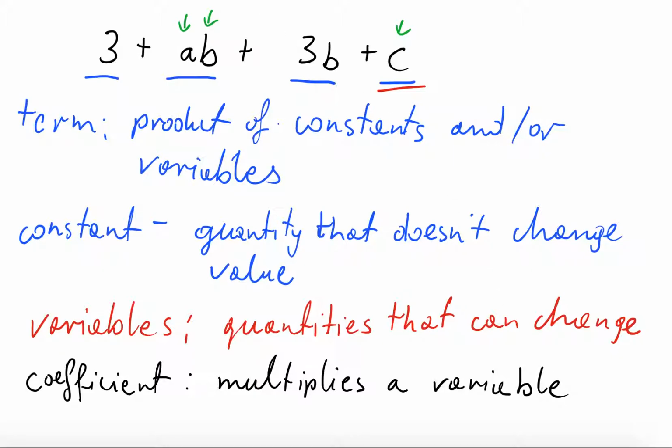So, what are our coefficients in this expression? Now, there are no coefficients in this term because there is no variable over here. We have 2 variables in this term, 1 variable in this term, and 1 variable in this term. So now let's look at this one. What is the coefficient of C in here?